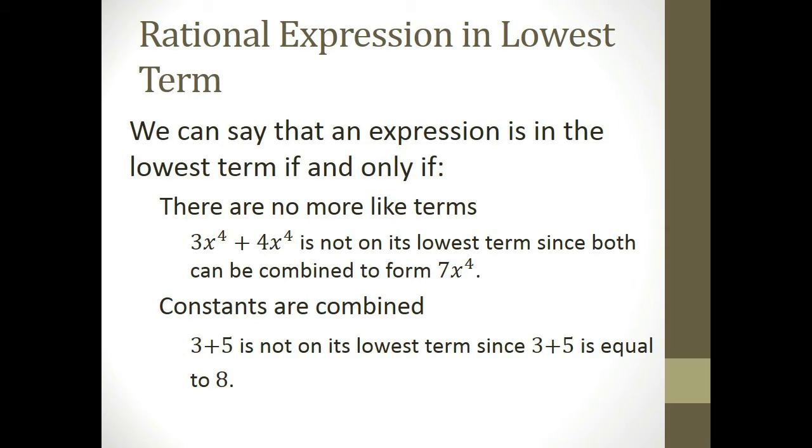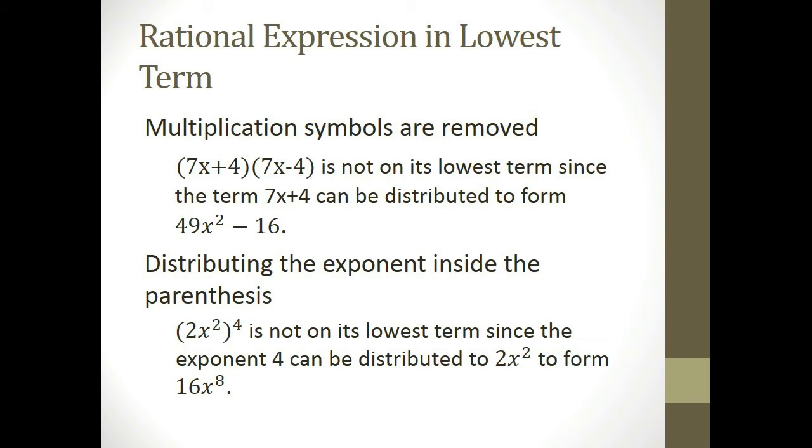Constants are combined. 3 plus 5 is not in its lowest term since 3 plus 5 is equal to 8. 3. Multiplication symbols are removed. Quantity 7x plus 4 multiplied by 7x minus 4 is not in its lowest term since the term 7x plus 4 can be distributed to form 49x squared minus 16.